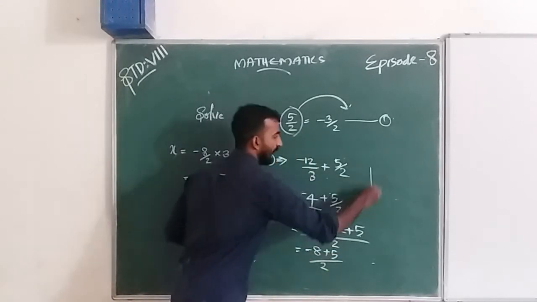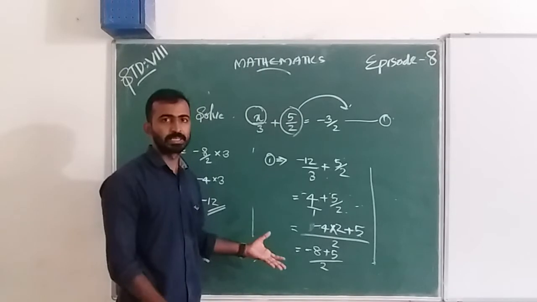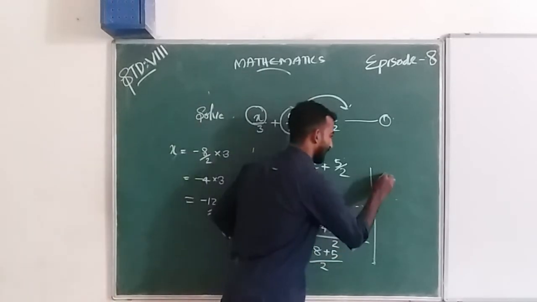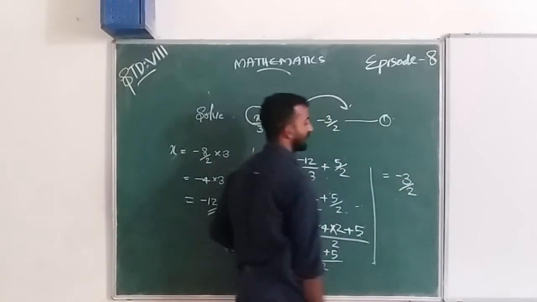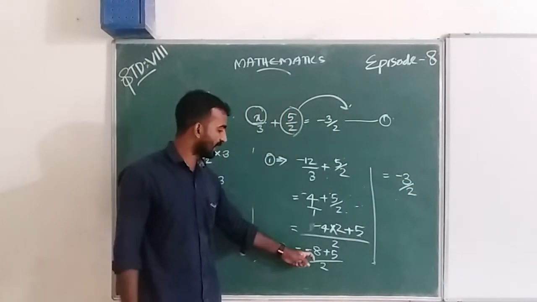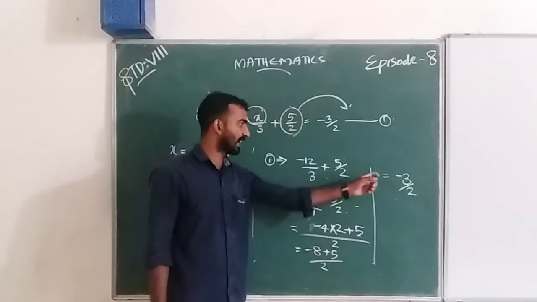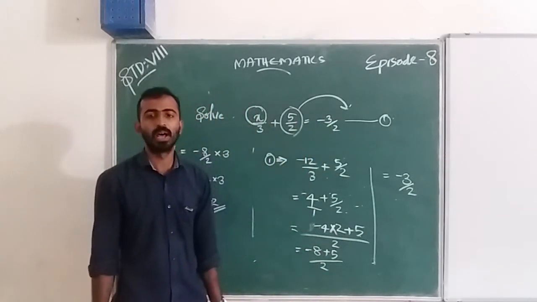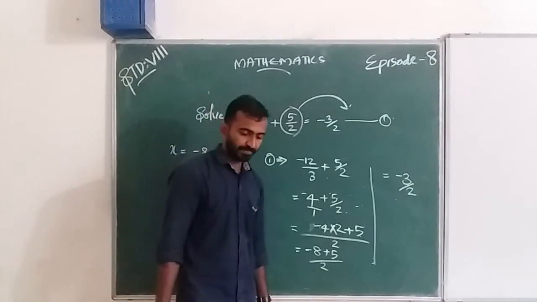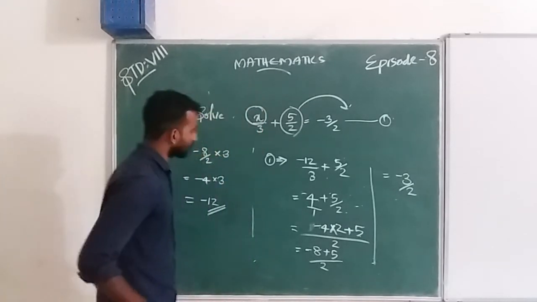Are the steps correct? Yes, that equals negative 3 by 2. When we add negative 8 plus 5, we get negative 3 by 2. That is our RHS.